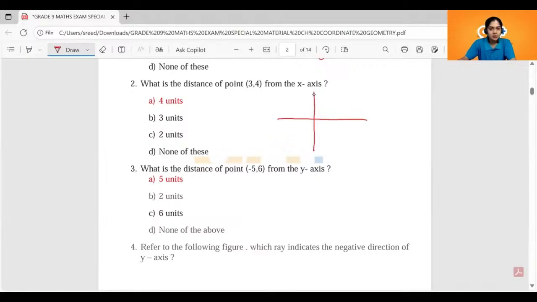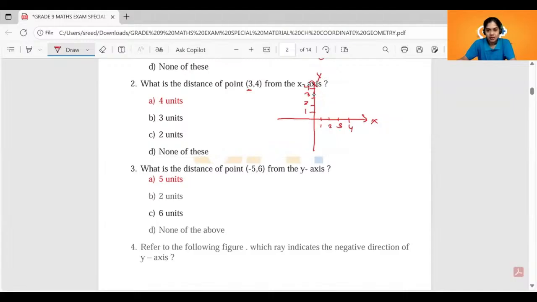In the point 3, 4, 3 is the x coordinate and 4 is the y coordinate. I'm marking only the positive side. This is the x-axis and this is the y-axis. So 1, 2, 3, 4 here, and also 1, 2, 3, 4 here.